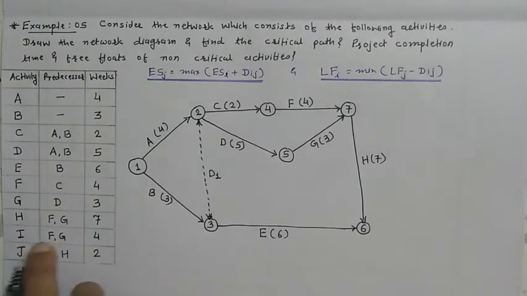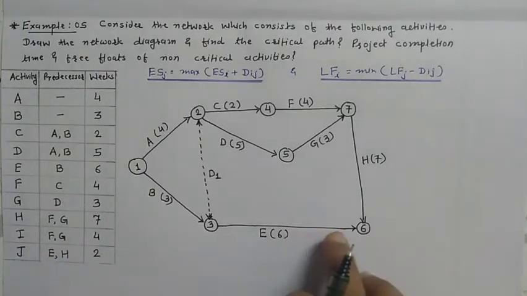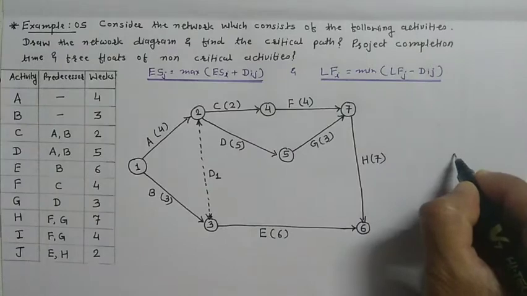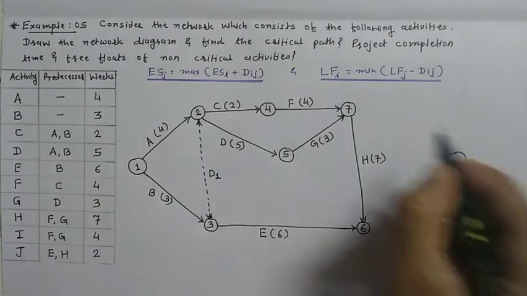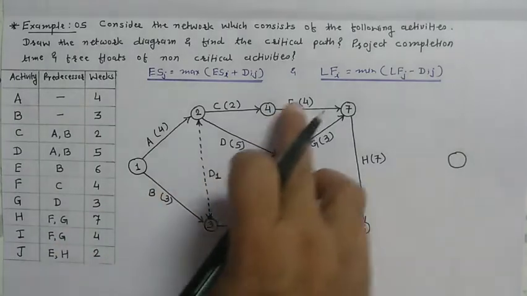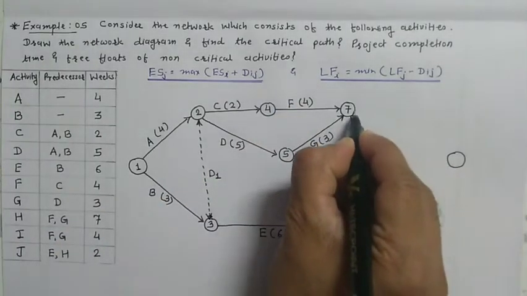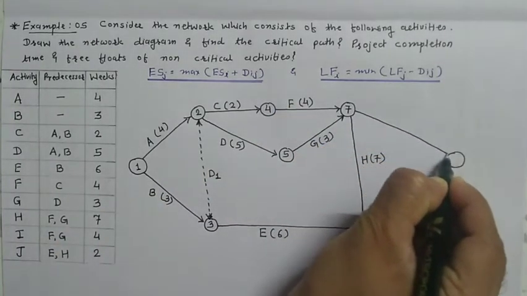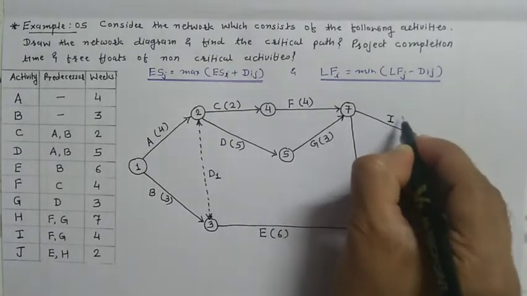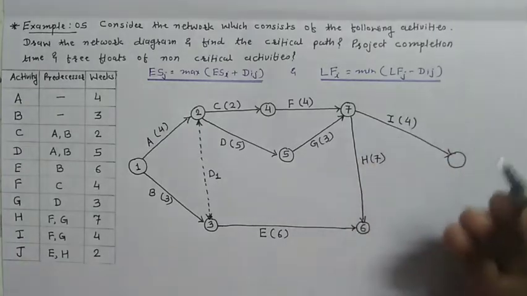The last two activities are I and J. I will start from F and G, and J will start from E and H. Here E and H, and here F and G. Here activity I, predecessors F and G. Duration 4 weeks.